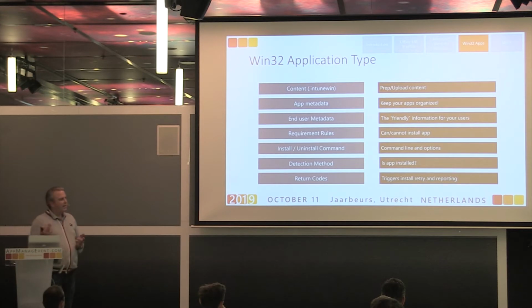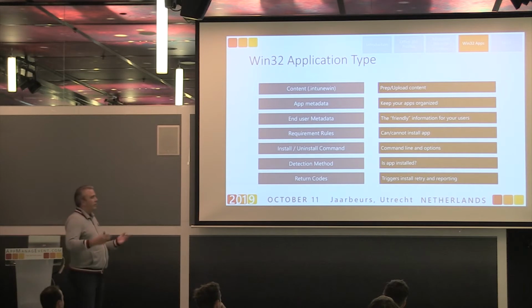We have the app metadata, which is information about your application, basic information for your administrative purpose. But we also have the end user metadata. We have requirement rules. Where is the app allowed to be installed, on what kind of version of Windows, etc., etc.